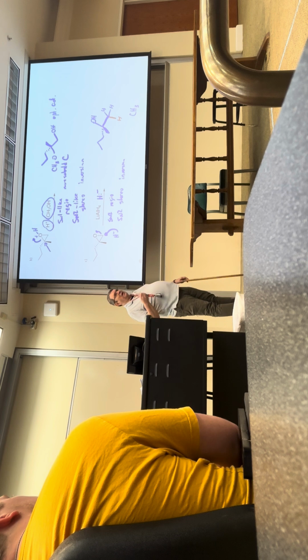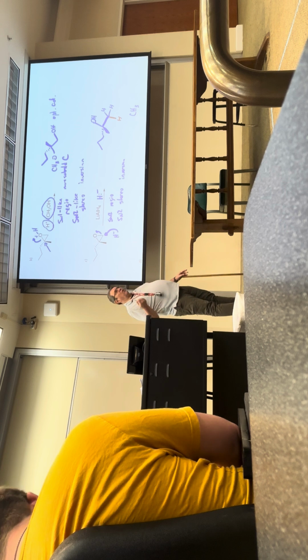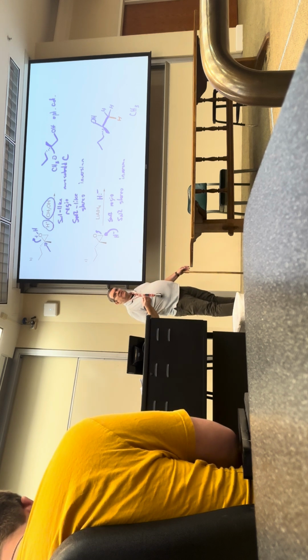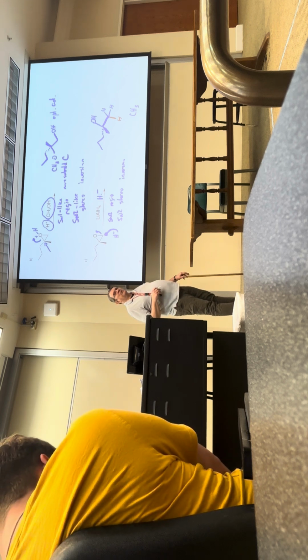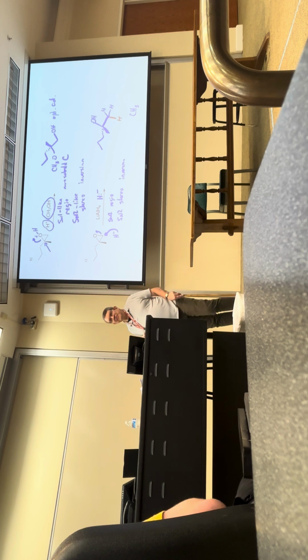The only time it's not optically active is when you end up with something planar, a planar intermediate or a planar product, so a carbocation or an alkene. Those are all not optically active. But do remember the alkenes can have stereochemistry, that's the E and Z. But those are not optically active in the sense that they have chirality centers.